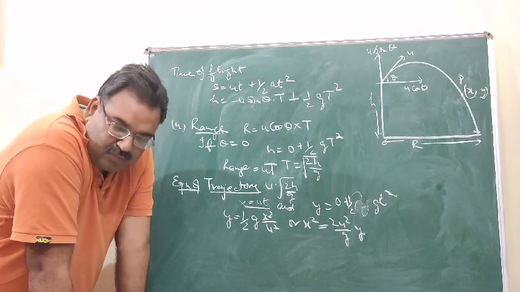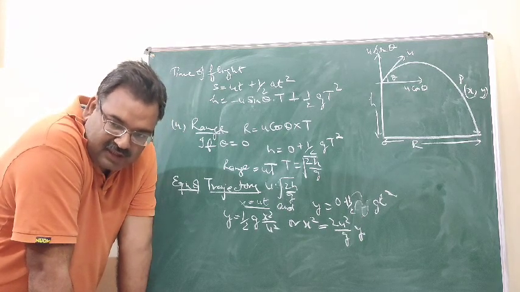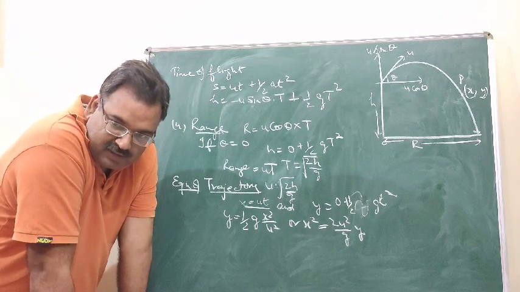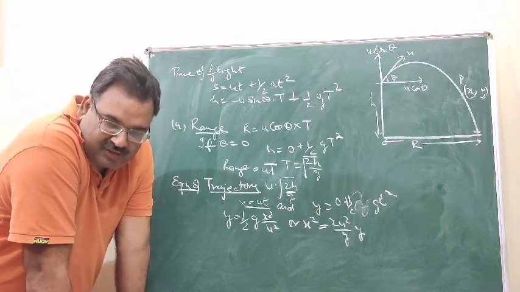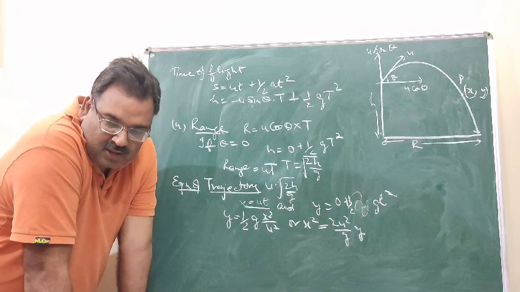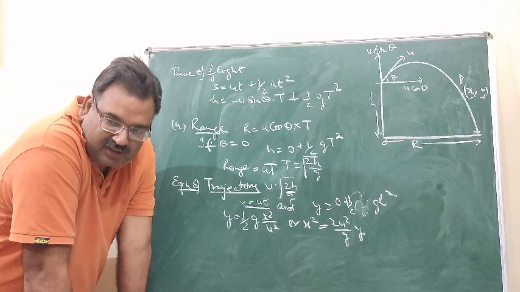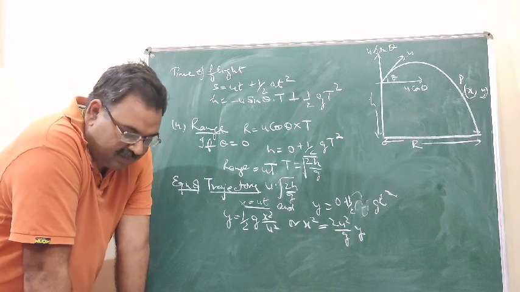As a result, both the range as well as the maximum height achieved will be reduced. Is it clear? If there is a resistance or air drag, in that case, both the vertical height and the range will be reduced. So we complete with this lesson.